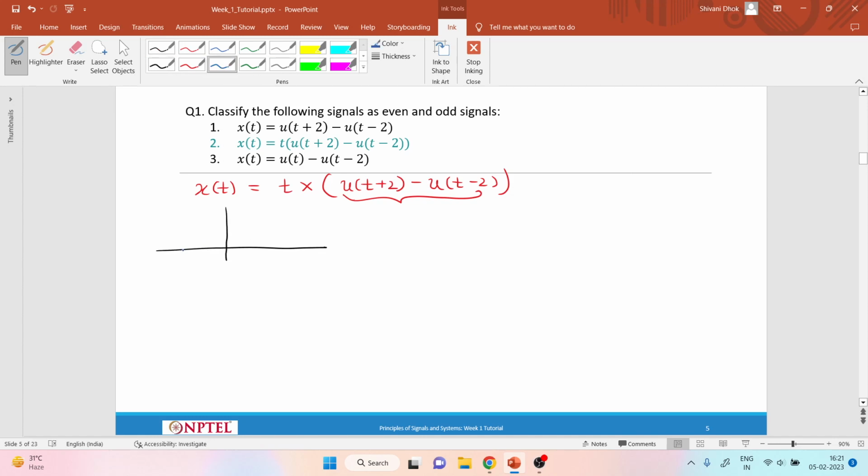That is, it was 1 from minus 2 to 2, and it was 0 for all the other values of t. And there is another component, that is t. So how does this t look? It will be a straight line with slope 1, like this.